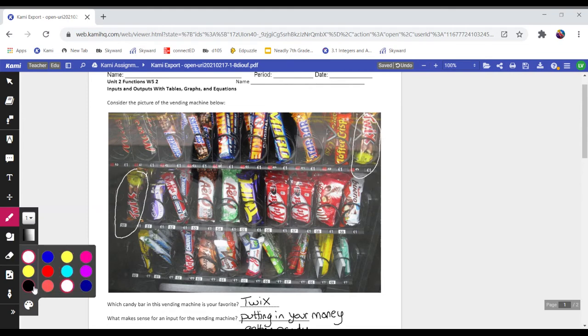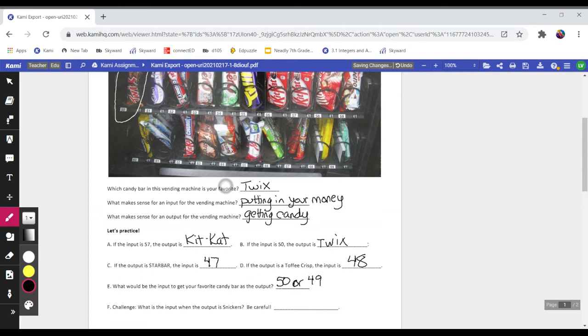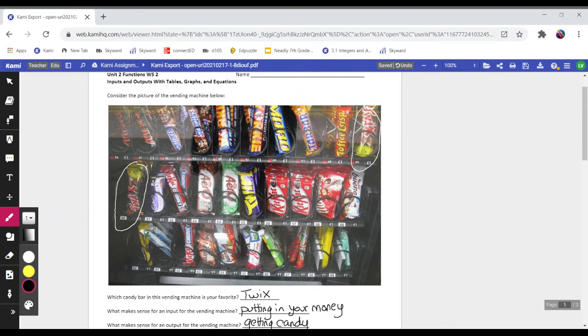Both of them would wind up giving me the Twix bar. So 50 or 49. Now, there might only be one input for you to get your output.